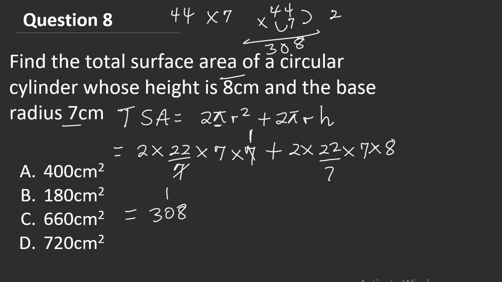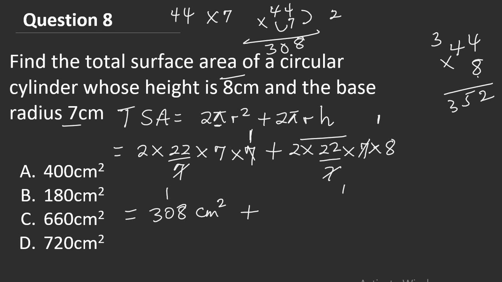We have 308 centimeter square, plus 7 into 7 is 1, 7 into 7 is 1. 2 times 22 is 44. 44 times 8. 8 times 4 is 32. 2, put 3 here. 8 times 4 is 32 plus 3, 35. 352 centimeter square.